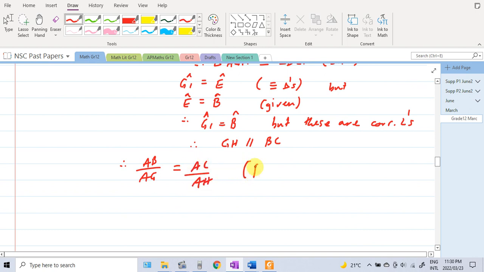This is because of the proportionality theorem, because GH is parallel to BC, right?